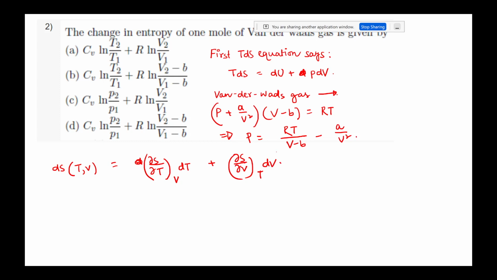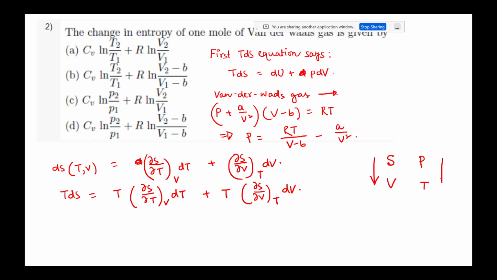Okay. Now if you write TdS, then it will become T (dS/dT) at constant V dT plus T (dS/dV) at constant T dV. Now we have to use the Maxwell relation. There are 4 Maxwell relations, but to remember them mnemonically, if you differentiate in this way that will be positive, but in this way this will be negative.